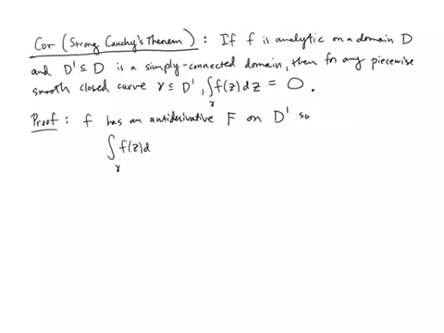And since our function's analytic, and we are working on a disk inside the domain, we can write f as a power series. So write f of z equals the sum from n equals 0 to infinity of a sub n times (z minus z naught) to the n.